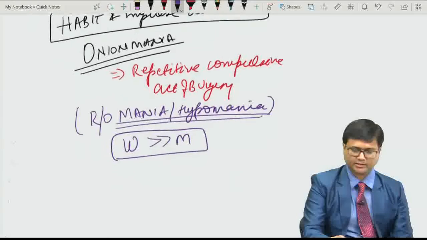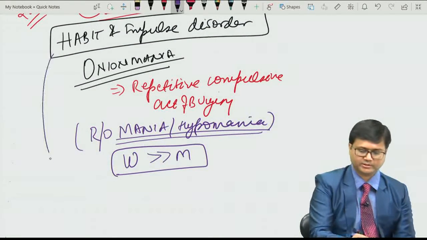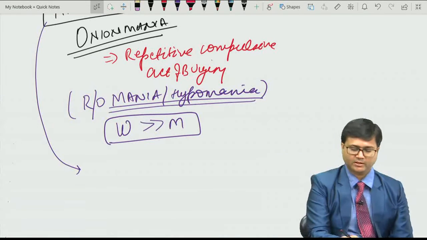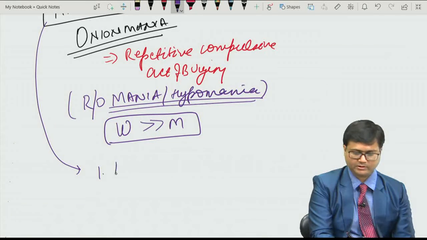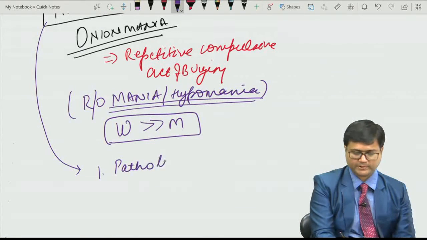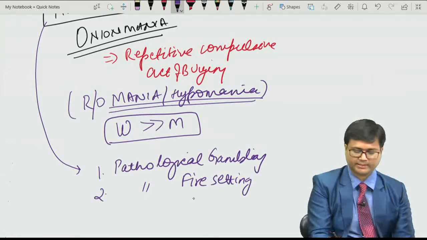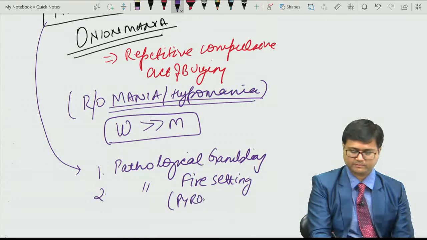Now various other habit and impulse disorders: first, we had already discussed trichotillomania, then various others include pathological gambling, then pathological fire setting, that is pyromania.